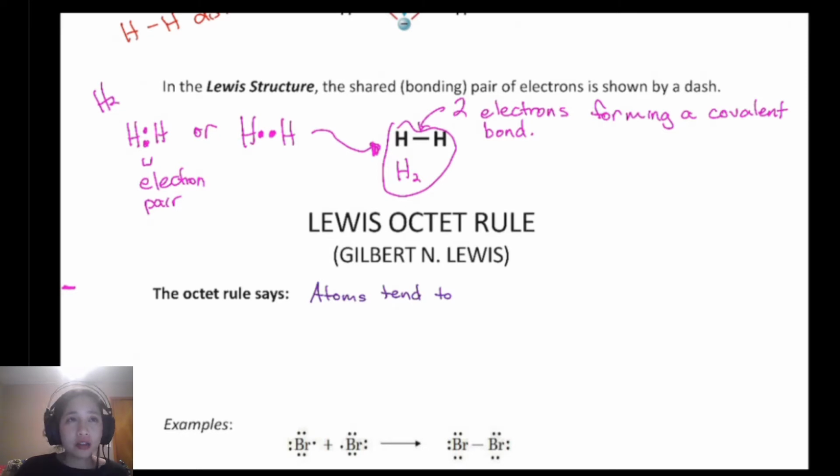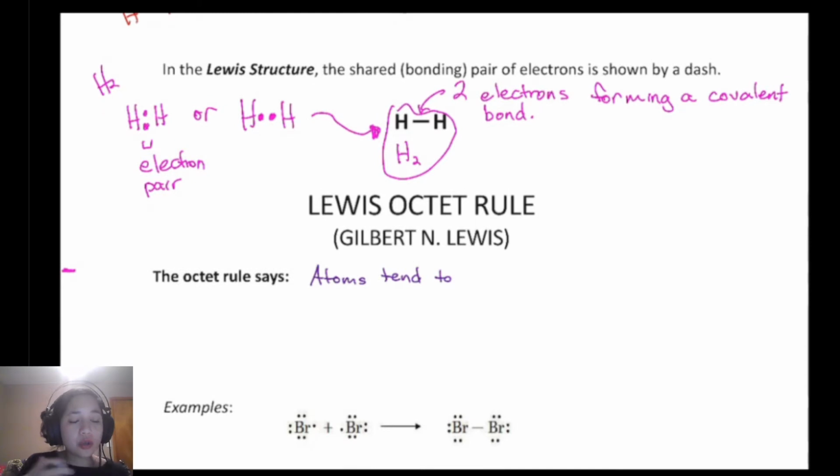Some people think he just died of heart related things, but there's a theory going around that he might have committed suicide by cyanide poisoning, perhaps because he did not win a Nobel Prize, but we'll never know. So anyway, that's Gilbert Newton Lewis.